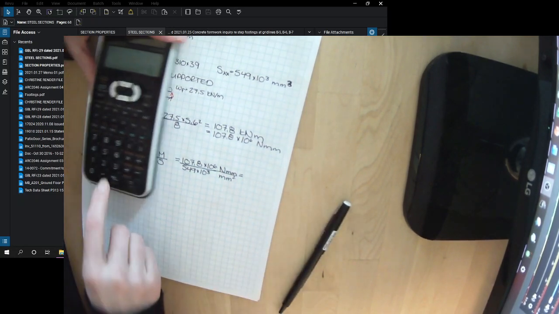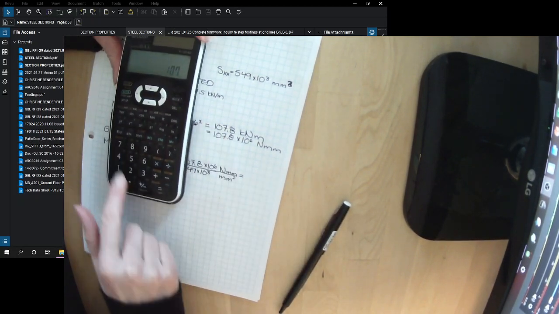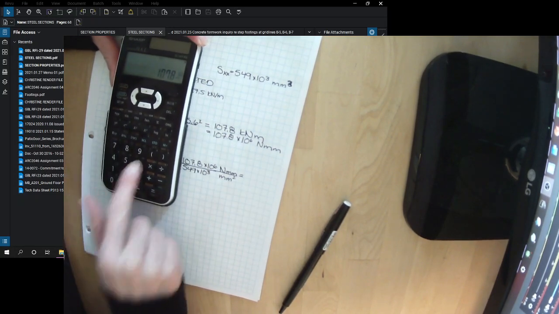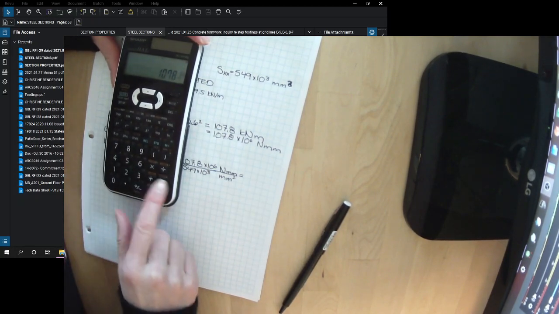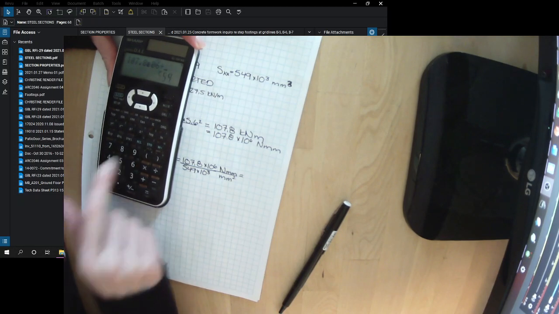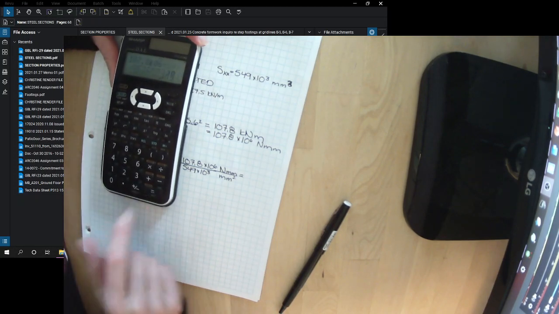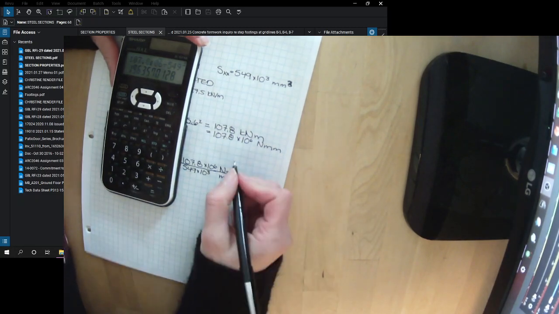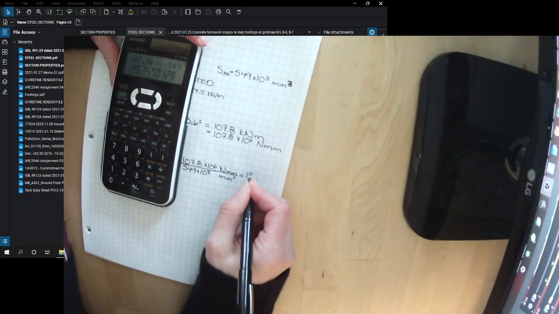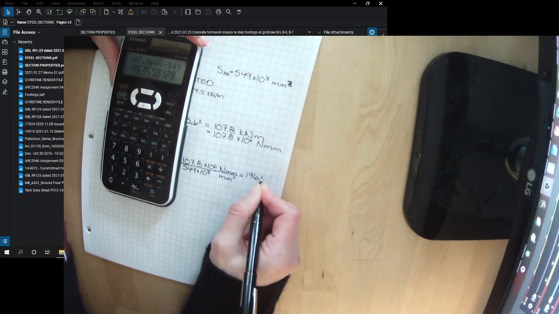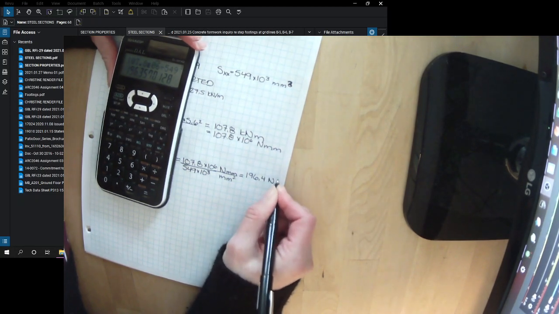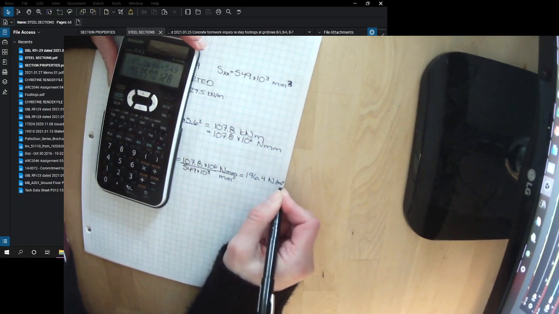And we are going to get 107.8 times 10 to the 6 divided by 549 times 10 to the 3. We get 196.4 newtons per millimeter squared.